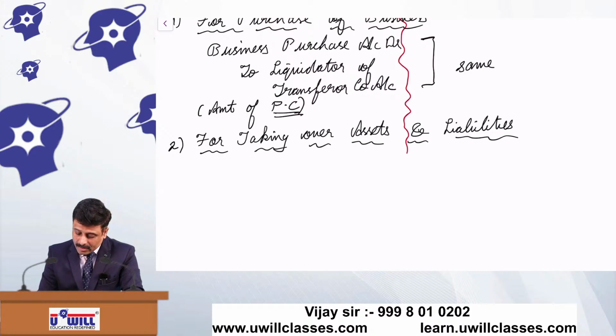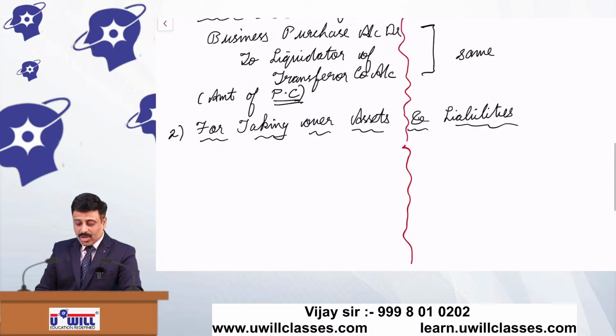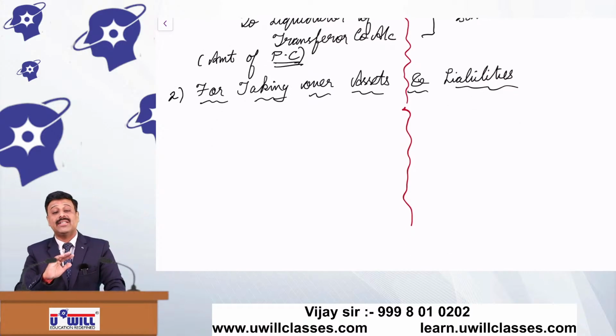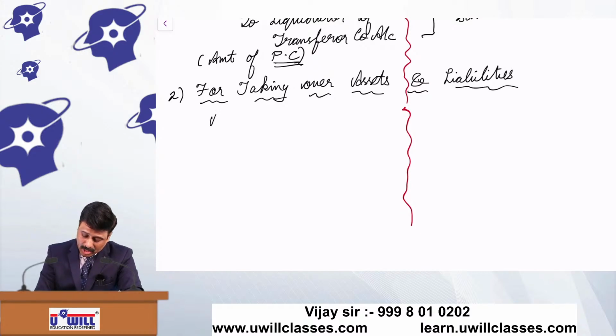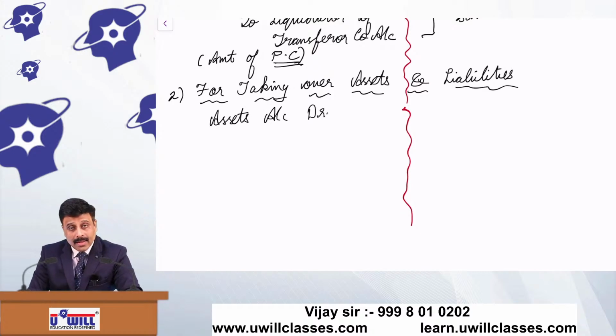We understand them in comparison. If it is merger, pooling of interest method, then what entry will be passed? If it is purchase method of accounting, then what entry will be passed? Now in both situations, assets come in, debit what comes in? Assets account debit. Liabilities of transferor company become the liabilities of transferee company.